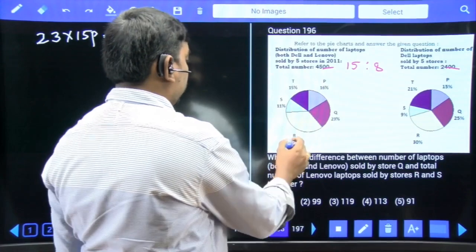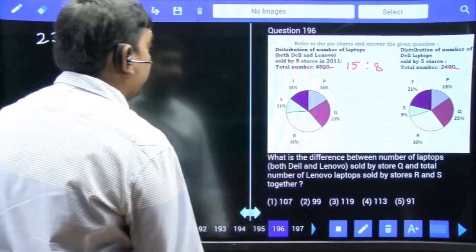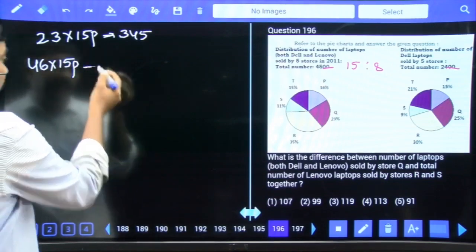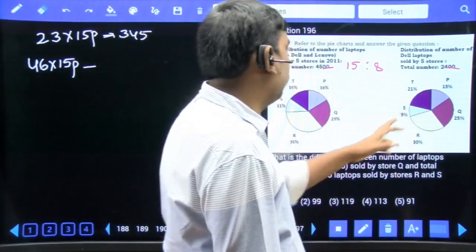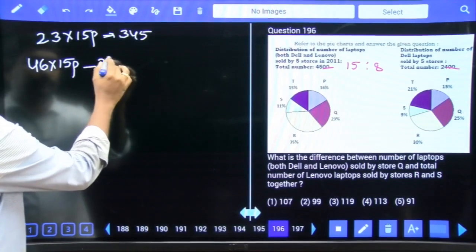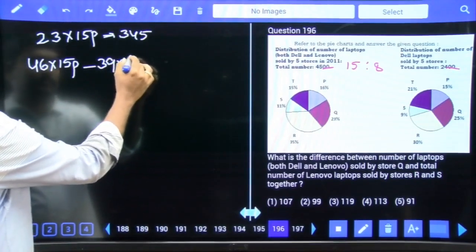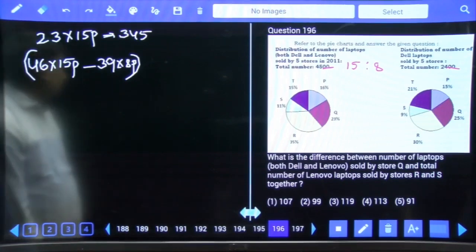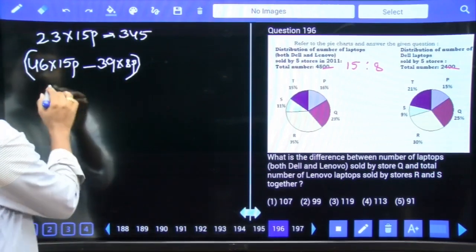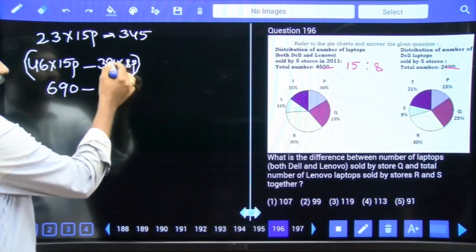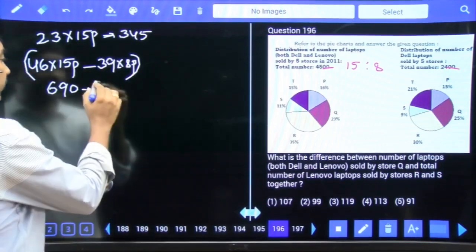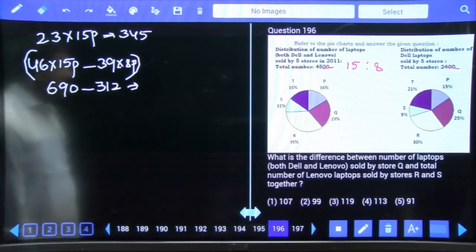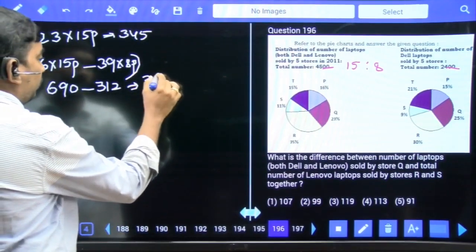R plus S 35 plus 11 46 into 15 minus R plus S 39 into 8. 460 plus 230 690. 840 times 320 minus 8 312. 390 minus 12 78 378 parts.